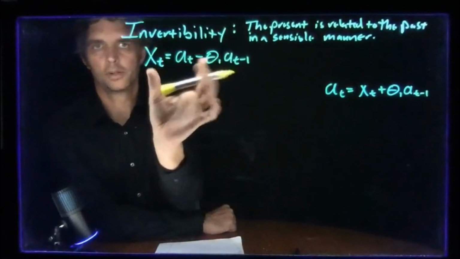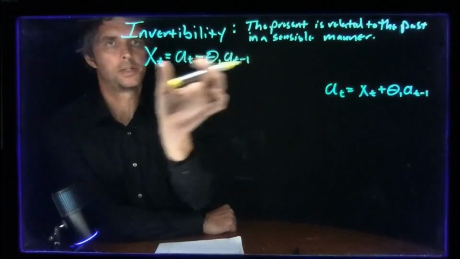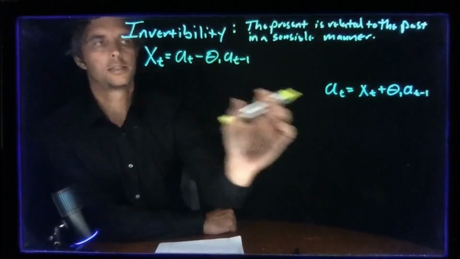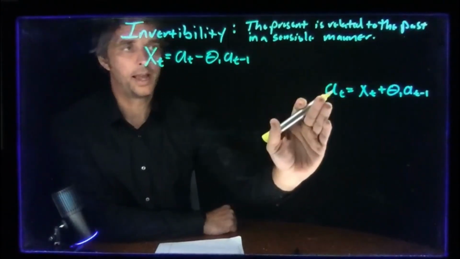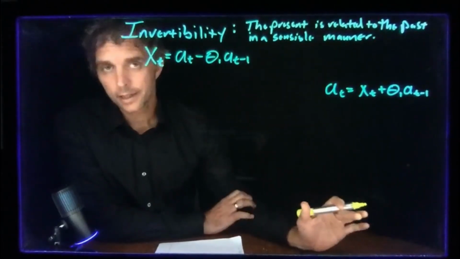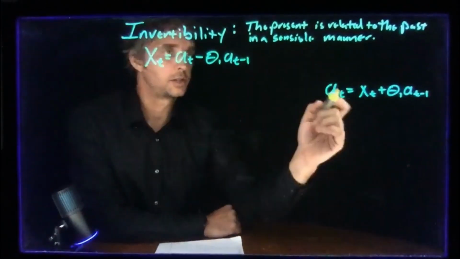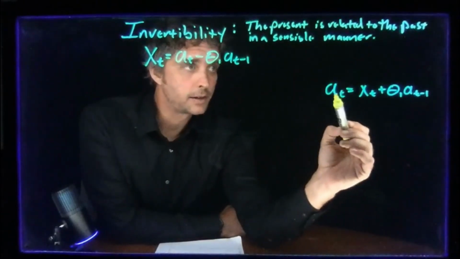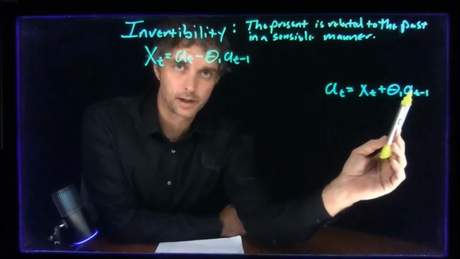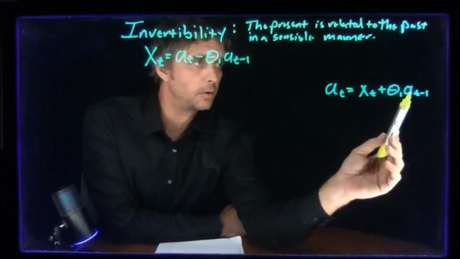If this is the relationship, the equality sign, I just take this piece and stick it over there, add theta 1 a_{t-1} to both sides, and I have this relationship between a_t, the noise, X_t, and a_{t-1}. So this is just saying that today's noise is related to today's observation plus theta 1 times yesterday's residual, yesterday's noise.